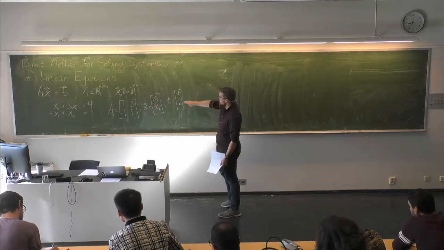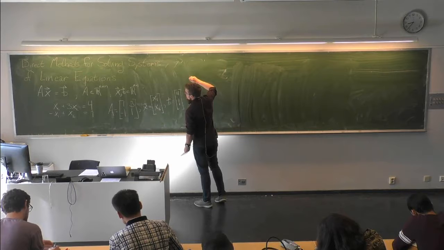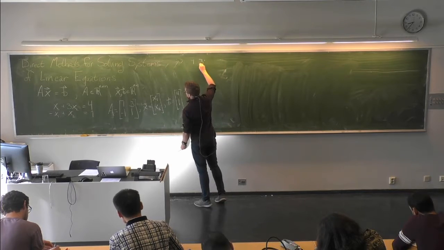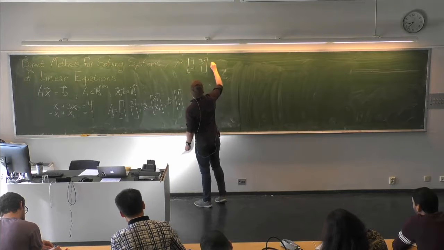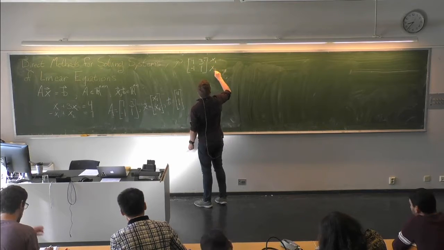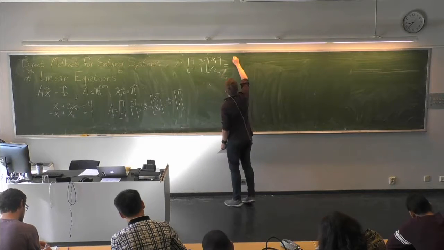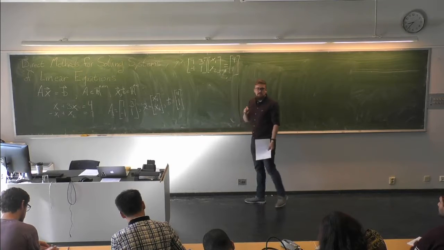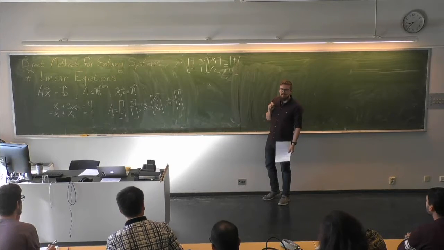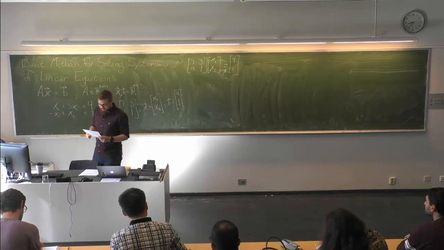We can then write this on that form. That's going to be just 1, 3, minus 1, 1, times x1, x2, equals 1. I do hope that's known beforehand. Yes, good. This is a very simple example.